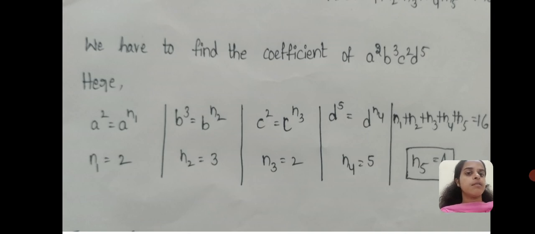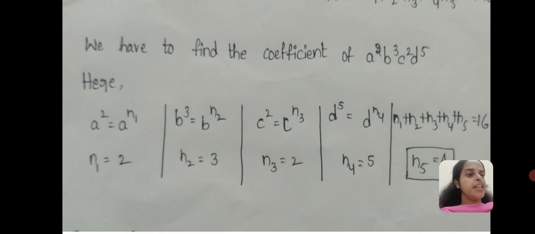Here a squared equals a to the power n1, so n1 = 2, since the bases are equal, the powers must be equal. Similarly b cubed gives n2 = 3, c gives n3 = 2, and d gives n4 = 5, since bases are equal, powers are equal.